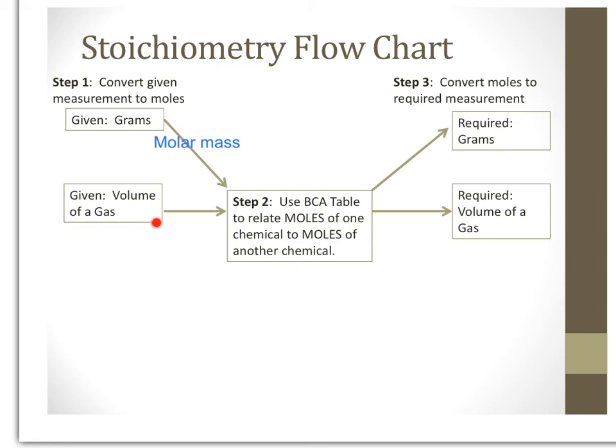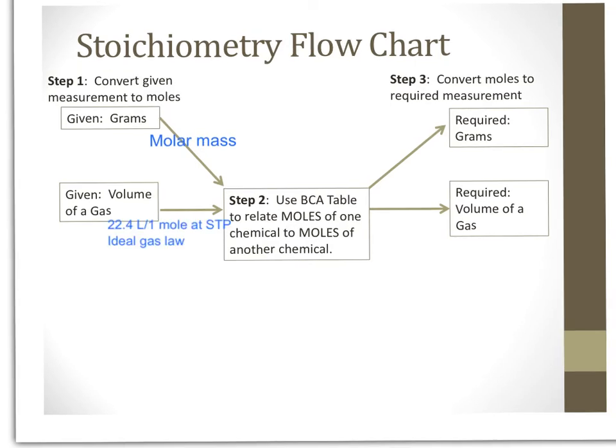If we are instead given volume of a gas, we now have a couple of ways to convert volume of a gas into units of moles. So trying to convert liters of a gas to moles, we could use 22.4 liters for every 1 mole of gas. That works for STP and only STP. Or we could use the ideal gas law, and that works for every temperature.